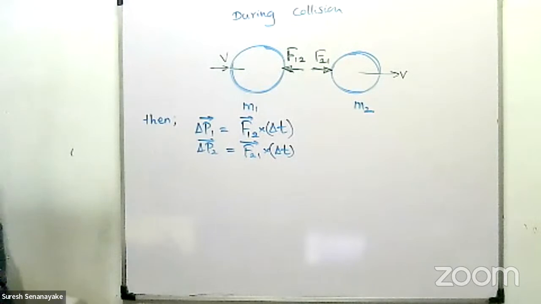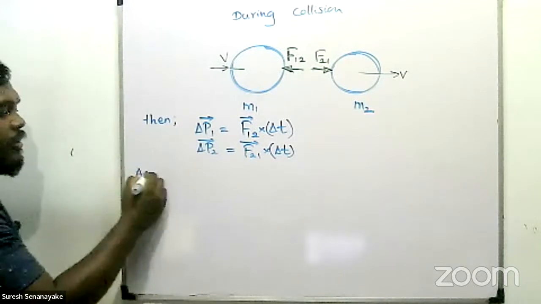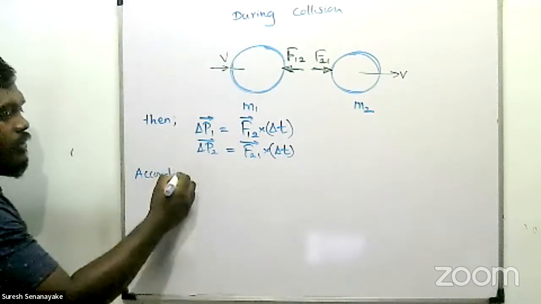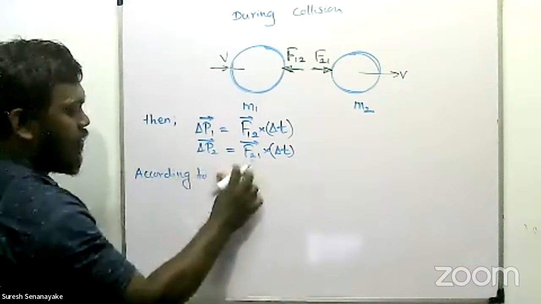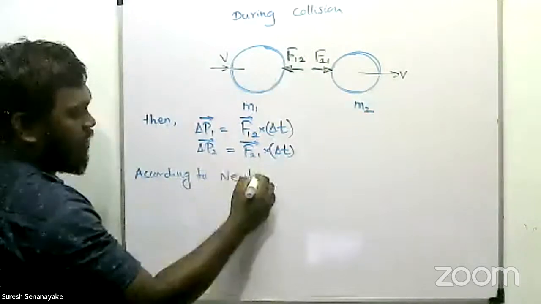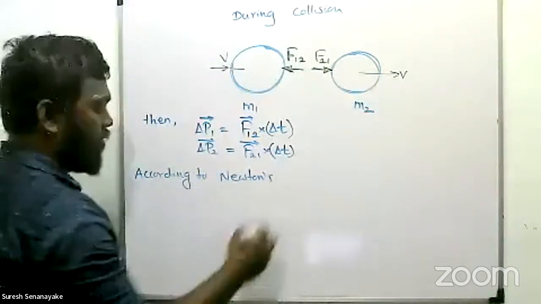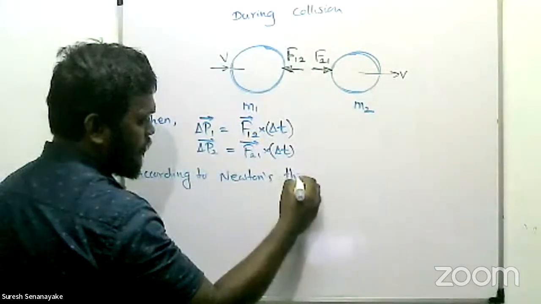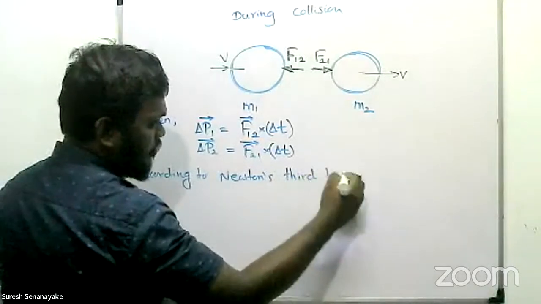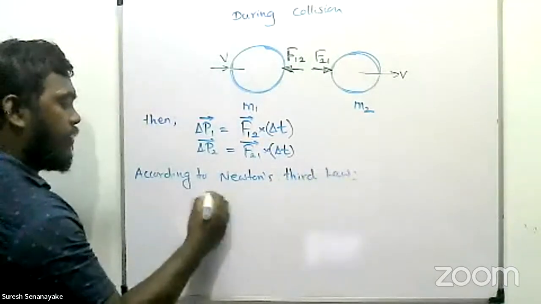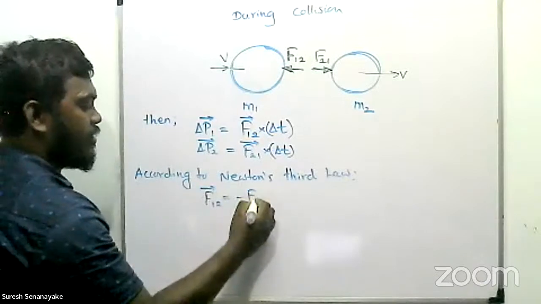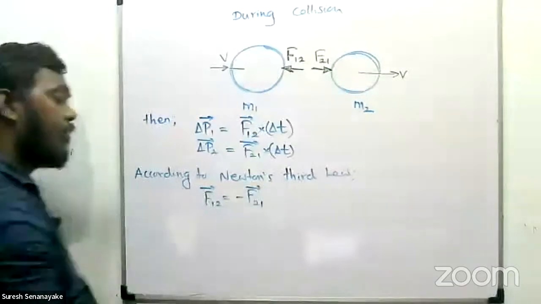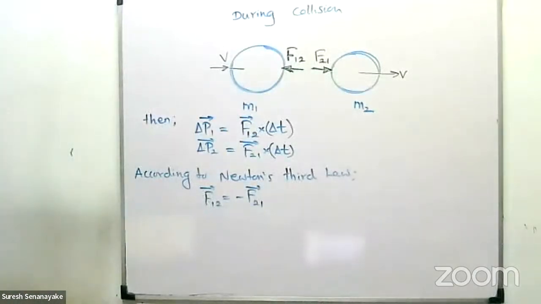So according to Newton's third law, these are action and reaction pairs, so equal and opposite. So third law, you can write this F12 vector is equal to minus F21, because their directions are opposite.